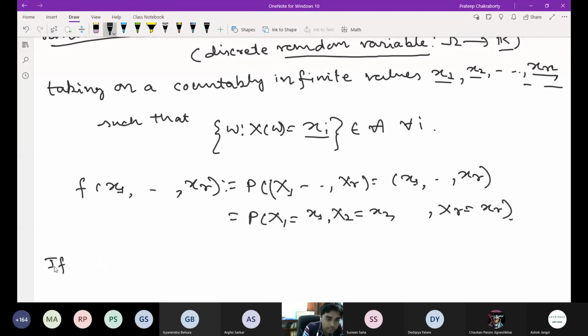Now this is one connection between discrete random variables and discrete random vectors.